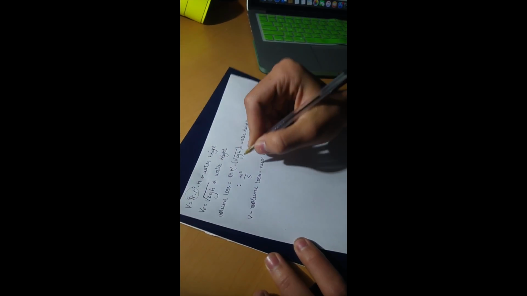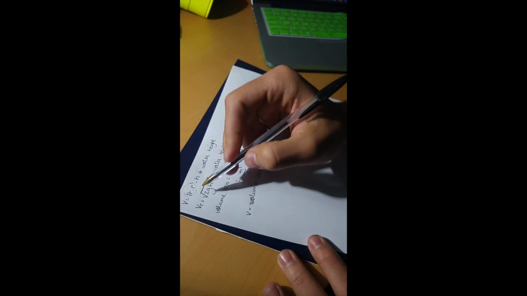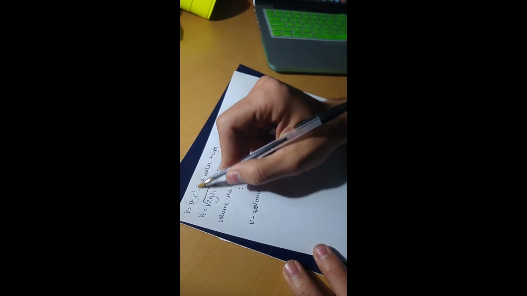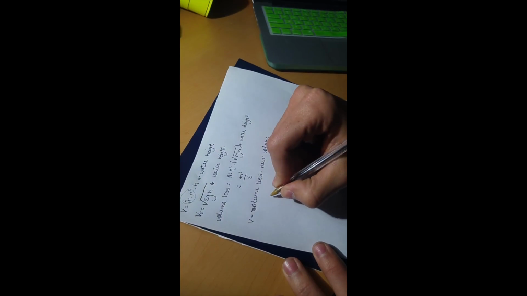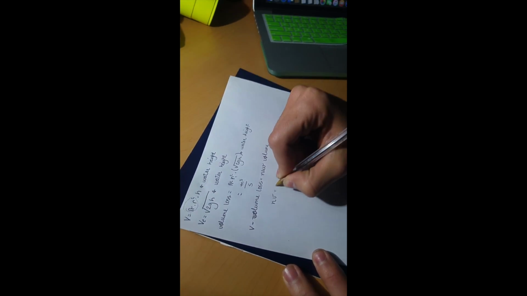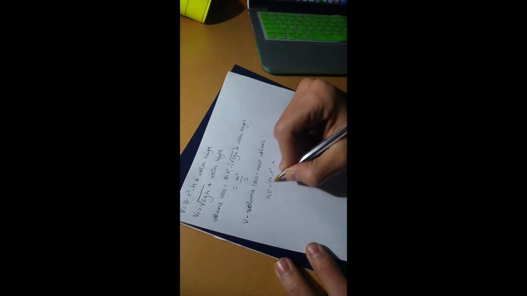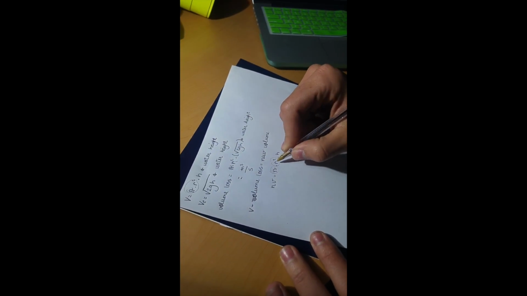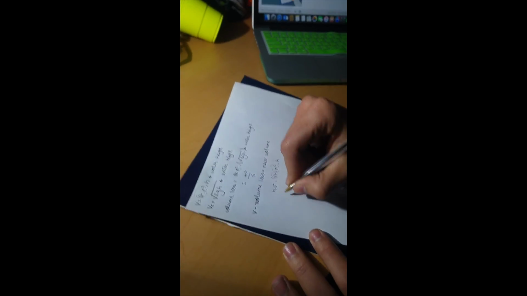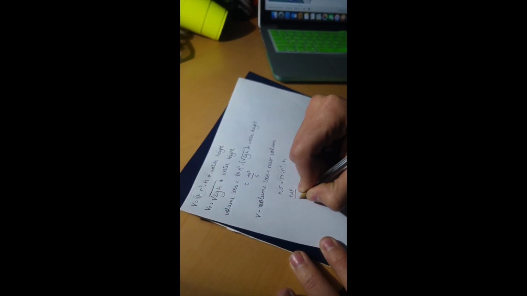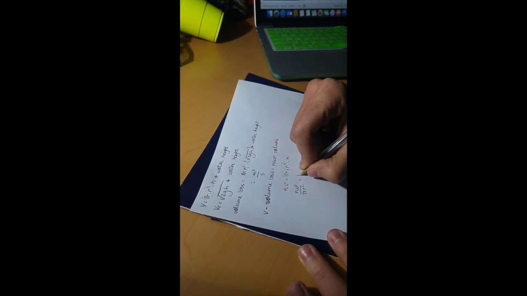How did we do that? Easy. We took this new volume and solved for h. New volume is equal to pi times radius squared times h. We already know pi and we know radius squared, so we just pass these two terms down here, and we get new volume divided by pi radius squared, and we got the new height.